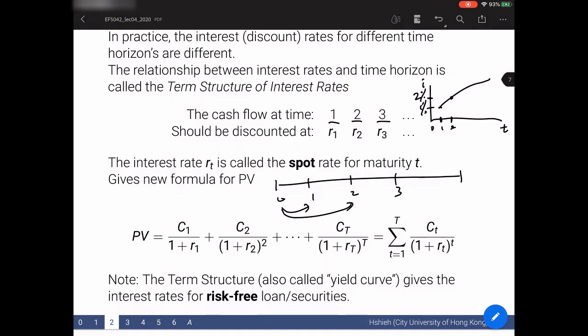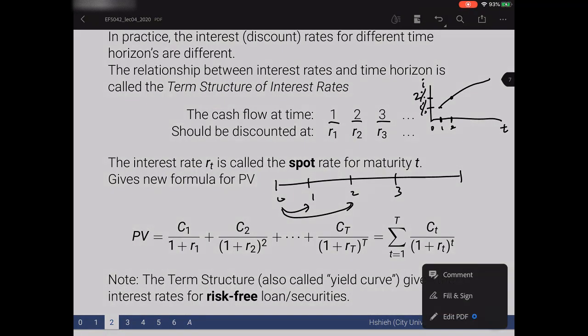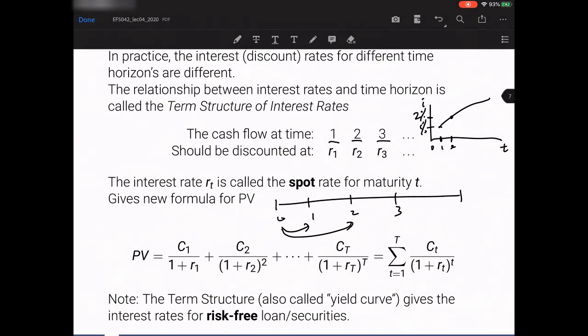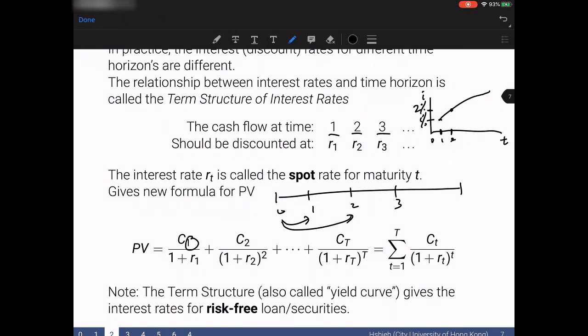Okay, so just note that the 1 year and the 1 year match up. Same with the 2 years, all the way to T years out. So in other words, we have to match interest rate horizons to the arrival time of the cash flow. So you should be asking yourself, where do R1, R2, R3 come from? We will get to that eventually, but they are derived from prices traded on risk-free securities.